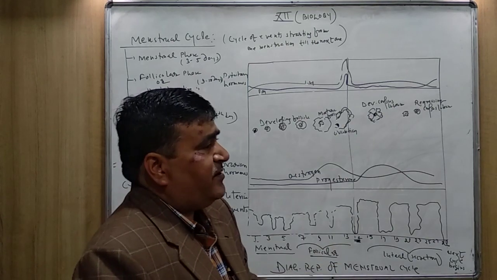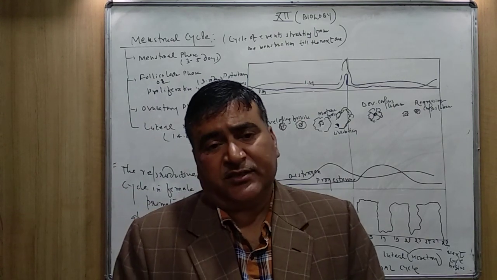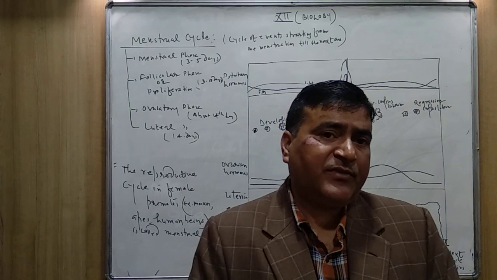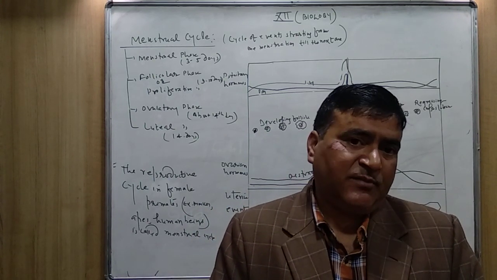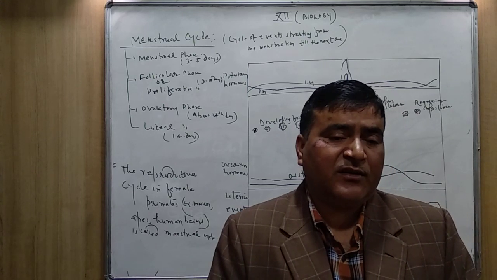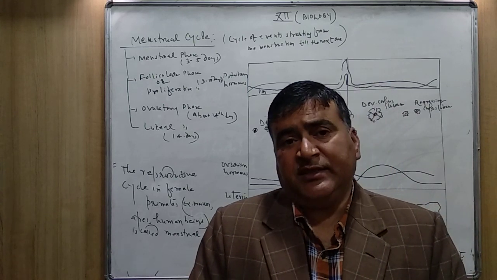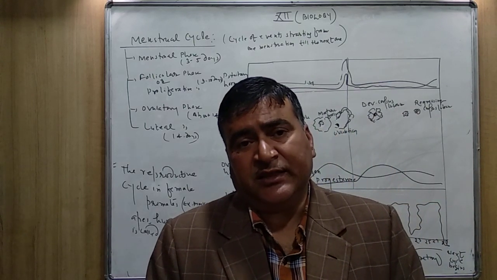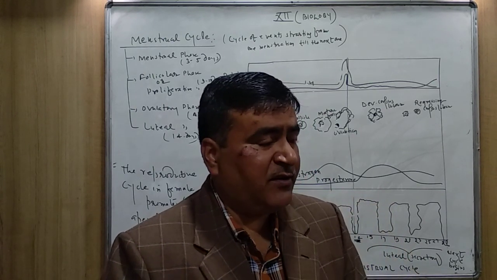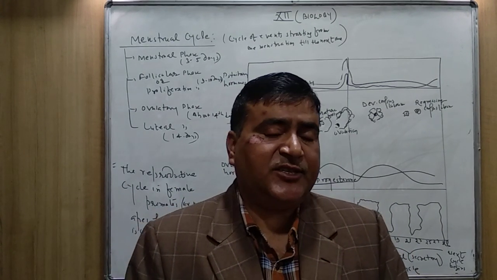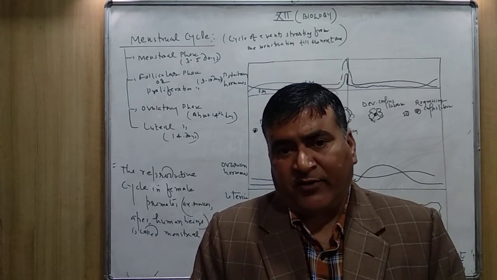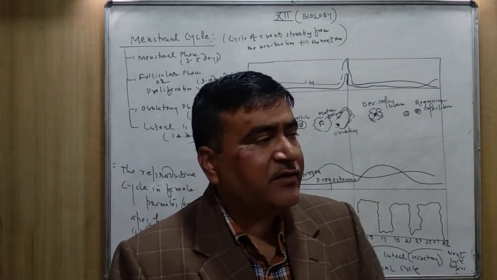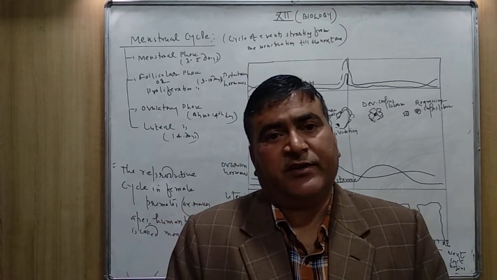So this is the time when there is more chance of pregnancy, more chance of fertilization. If copulation takes place in the mid of the menstrual cycle, then there is a chance of fertilization, a chance of pregnancy. Otherwise, in the follicular phase or in the luteal phase, the chances of fertilization are not there.